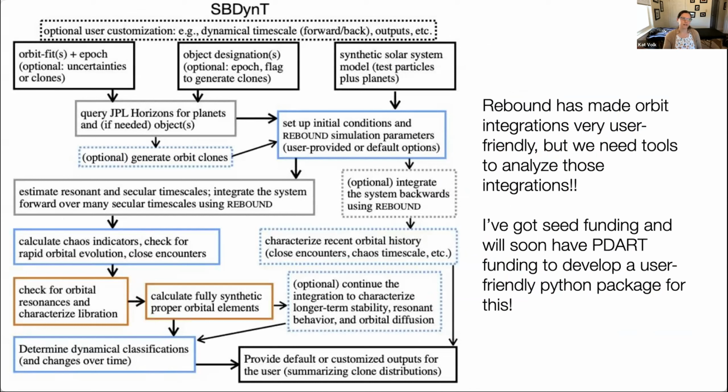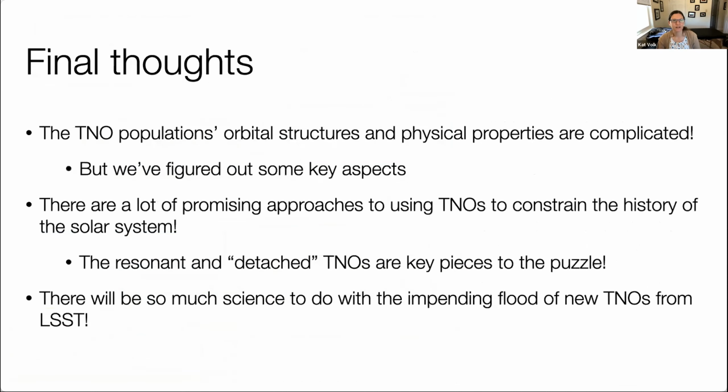You can say it has a 90% probability of being in this resonance, and so on. I'm really excited to be working on that tool also, because then people will stop asking me to do things for them once I write some code that can do it.